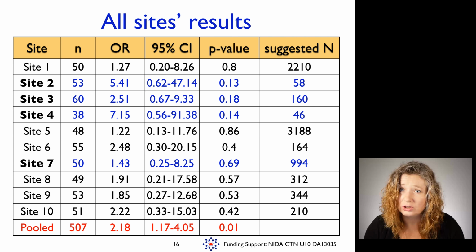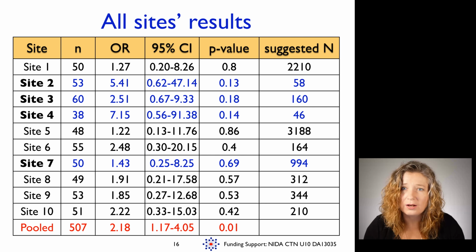The odds ratios varied drastically. The smallest odds ratio that we observed was in site 5, 1.22, and the largest odds ratio that we observed was actually in site 4, and that was 7.15. There was a wide spread in the odds ratios.